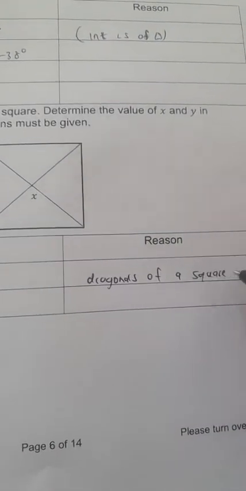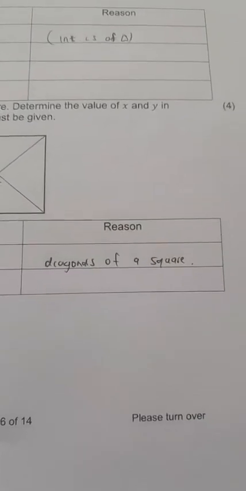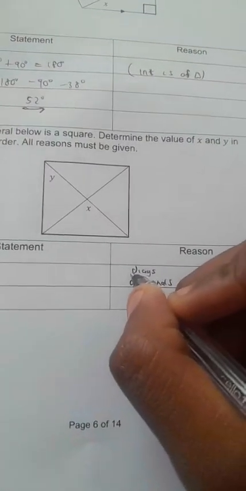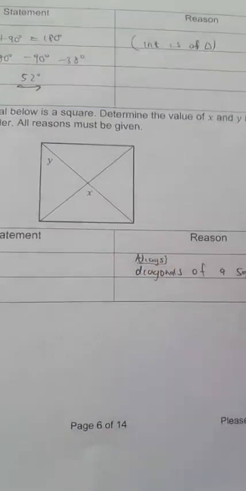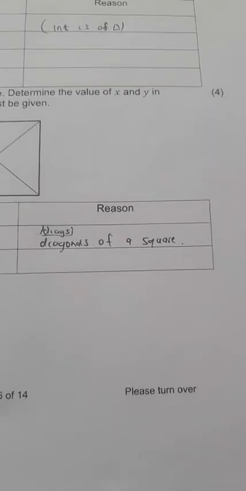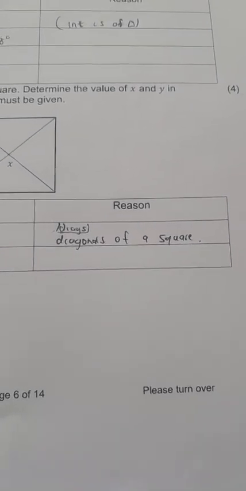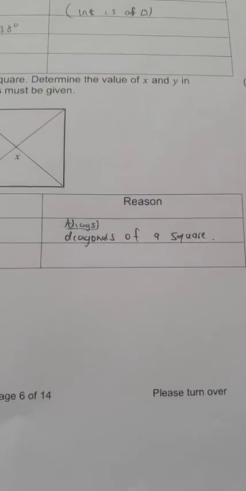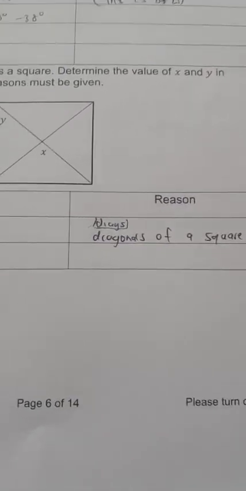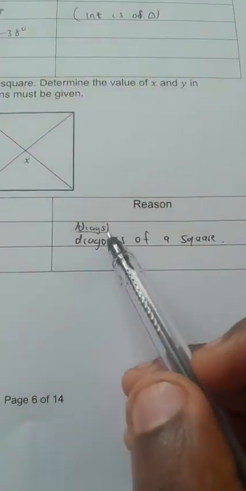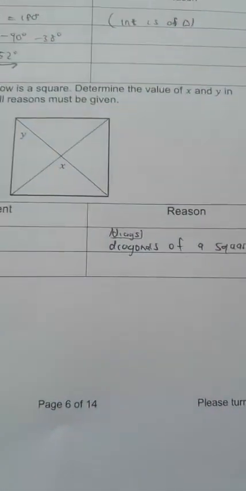Diagonals of a square. I know that in the guideline you can say diags, which is short form for diagonals. You can say diags of a square or diagonals of a square. Some people would insist on saying diagonals of a square bisect at 90 degrees, but if you just say diagonals of a square or diags of a square, that's sufficient.